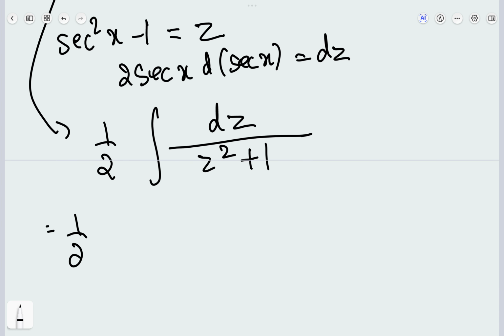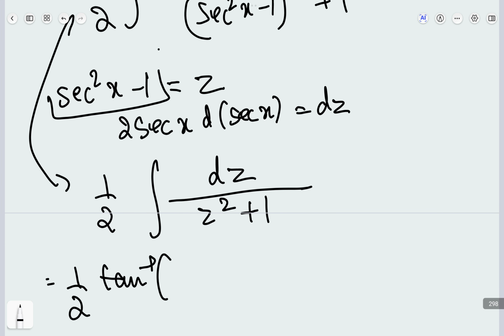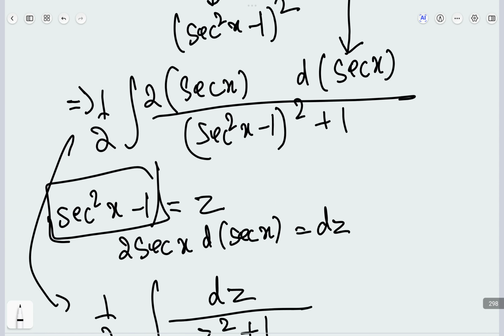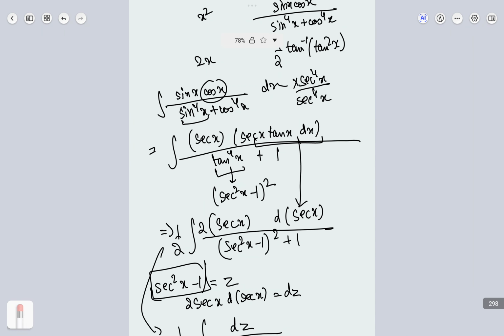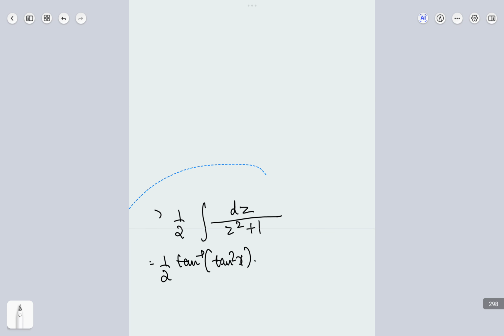This will give you half tan inverse z. What was z? It was tan square x. Alright, so yeah, you got your integral, half tan inverse tan square x. So after applying by parts, this is the resultant integral you get.